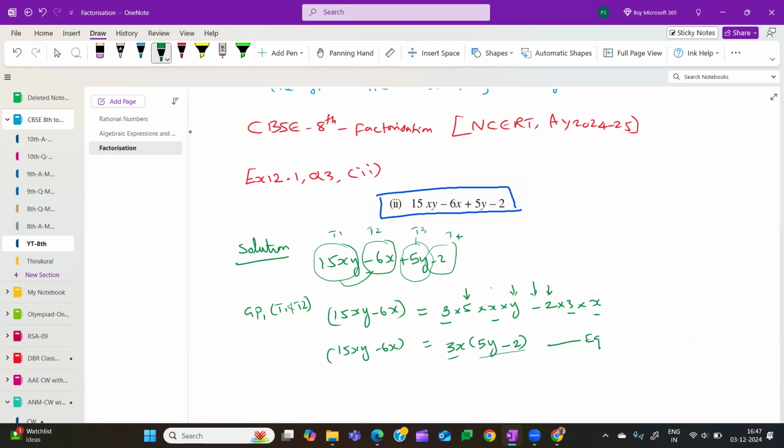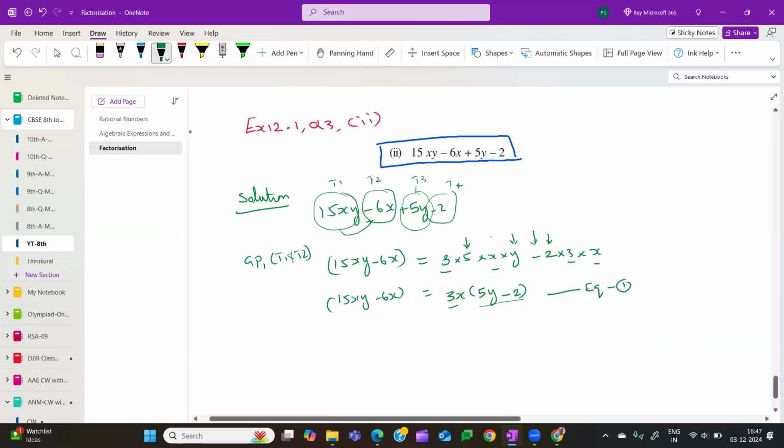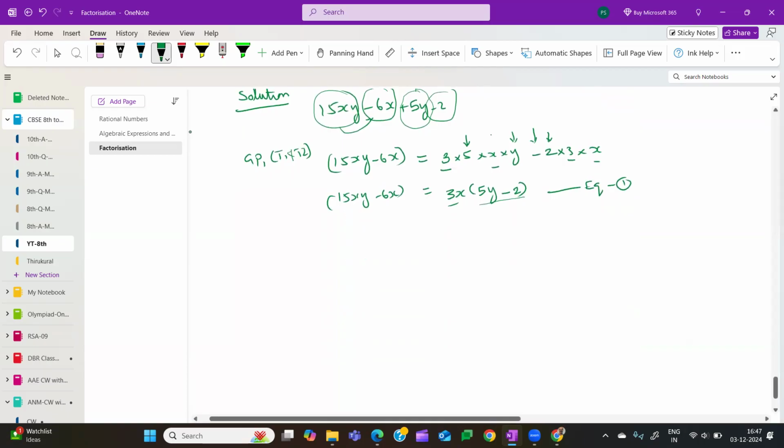So let us take it as equation number 1. And the second group, GP2, I am writing in the shortcut form, that is, we are going to group term 3 and term 4. So what are term 3 and term 4? It is 5y minus 2.